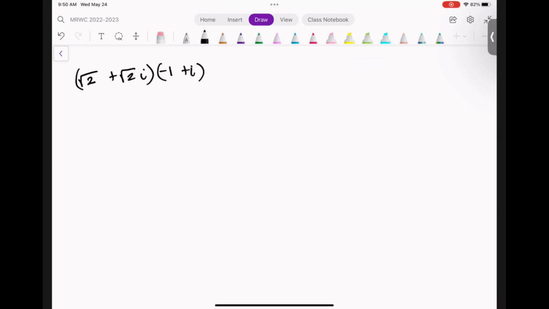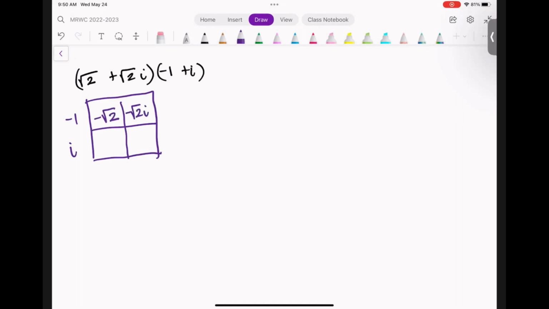And so I'm going to show you both, just because I think it's beneficial and you kind of see why they work together. So I'm going to multiply. I'm just going to use this here so I don't have to rewrite that. -1 plus i. And so I get negative root 2. I get negative root 2i.